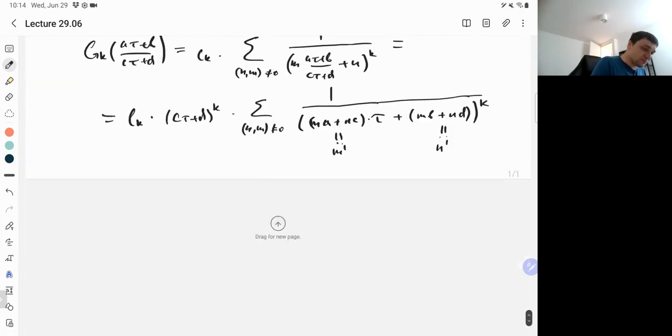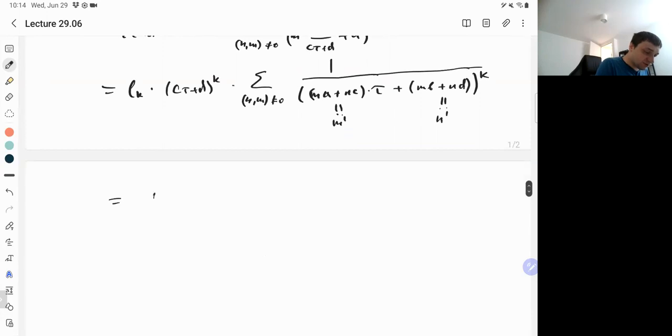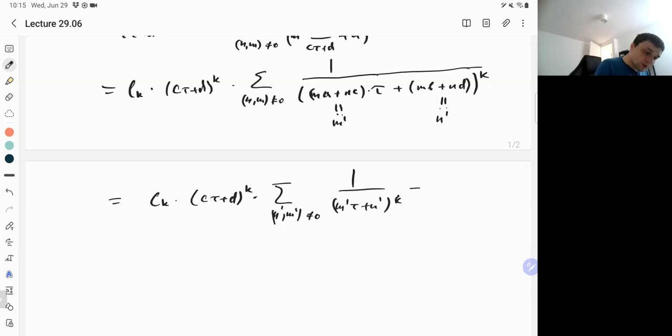So this is the same constant times (cτ+d)^k times this thing, which is exactly what we wanted to prove, that it's a modular form. So it's (cτ+d)^k times g_k(τ).